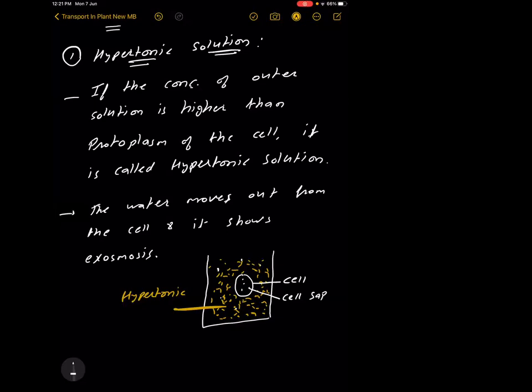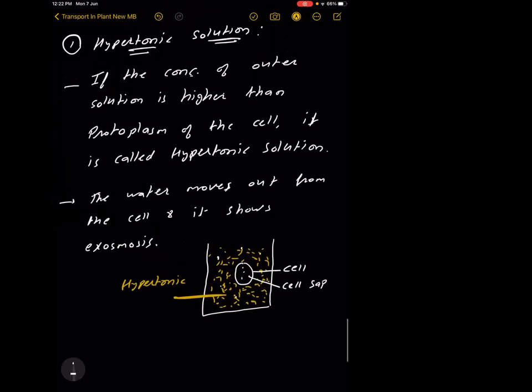Yes, that is plasmolysis, and we'll take plasmolysis separately. Here I'm only describing what a hypertonic solution is. I'm not mixing all these processes, exosmosis and plasmolysis. It is just showing which is hypertonic and which is hypotonic. So this is a hypertonic solution.